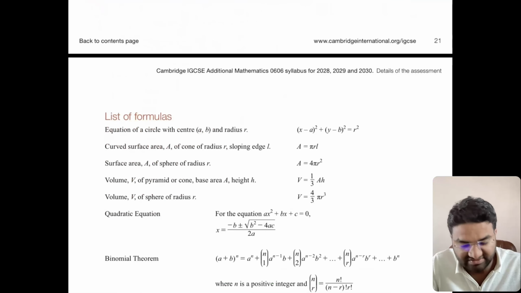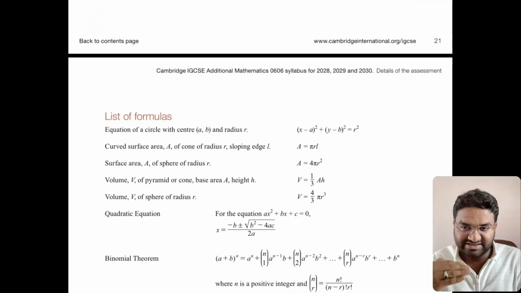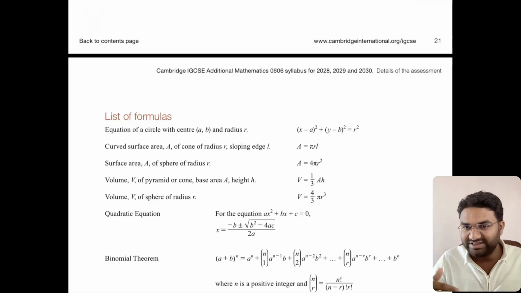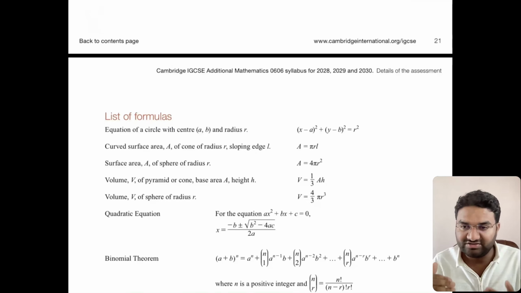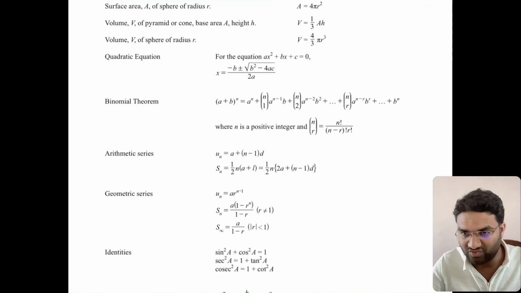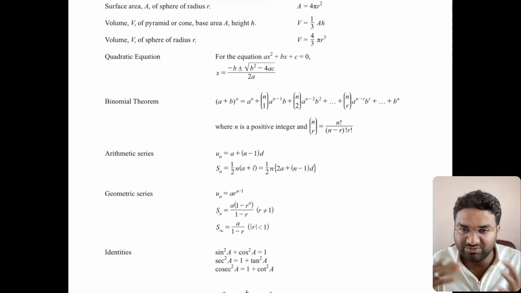So it's just based on the syllabus. When you take Add Math, you are preparing for AS and A level normal math, but along with that you are building a strong base for the further math subjects of AS and A level as well. And it's crucial these days. The competition is growing every day.